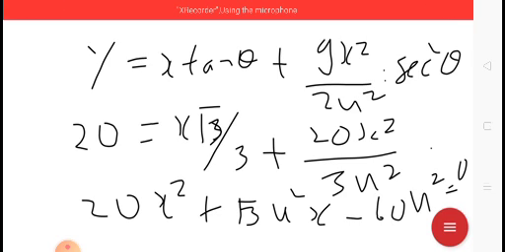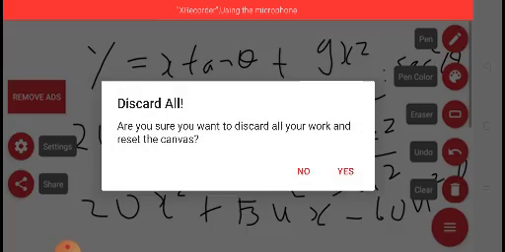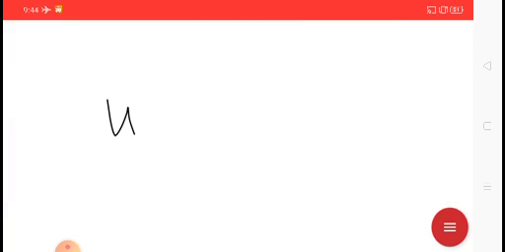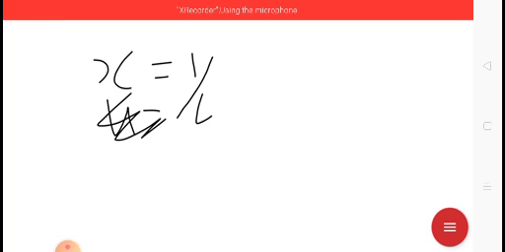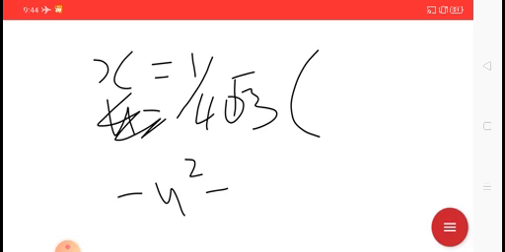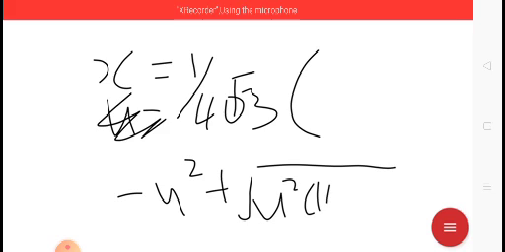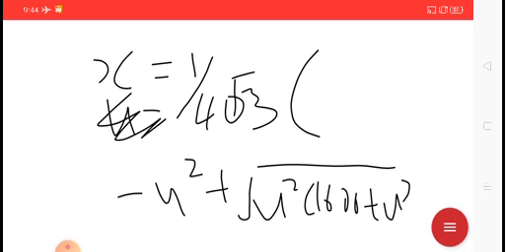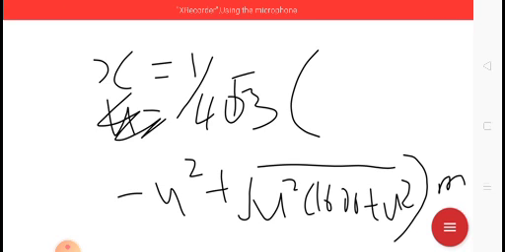And the question asks you to find the horizontal distance traveled in terms of u. So x must be in terms of u. Your x will be equal to 1 over 40 multiplied by minus square root 3 u squared plus the square root of u squared times 1600 plus u squared, meters.